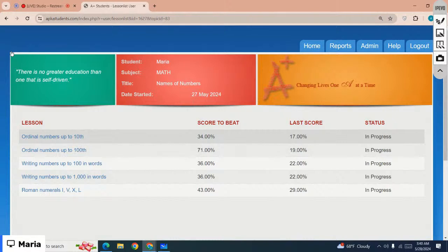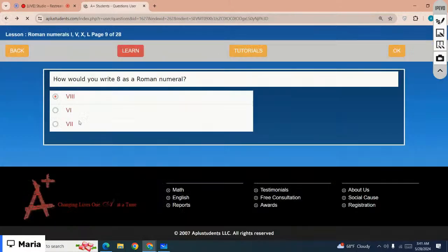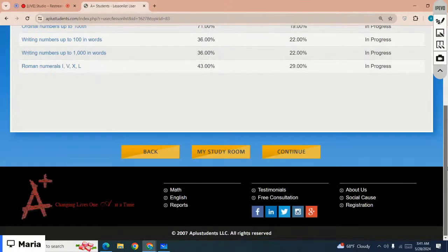The lessons we have covered today are ordinal numbers up to 10th, ordinal numbers up to 100th, writing numbers up to 100 in words, writing numbers up to 1000 in words, then the Roman numerals we just finished, right? So please make sure before the next session you complete all the practice questions for the lessons we did today. That is your homework until the next session, right?